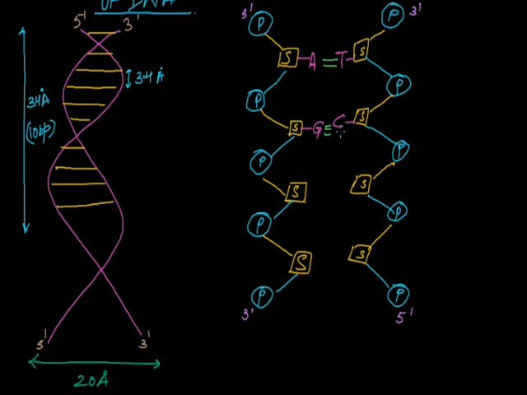So in AT, one purine will attach to a pyrimidine. AT has 2 hydrogen bonds while GC has 3 hydrogen bonds. Similarly, T will pair with adenine with 2 hydrogen bonds, and cytosine will pair with guanine with 3 hydrogen bonds.